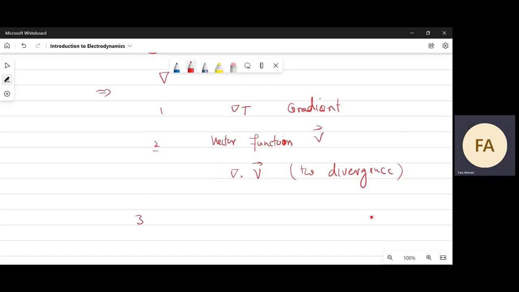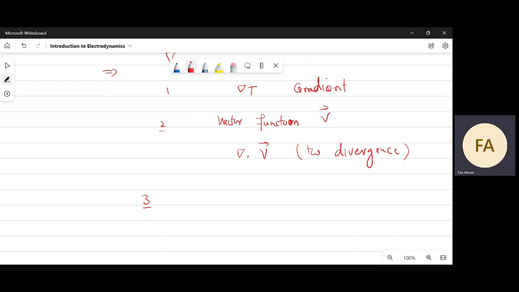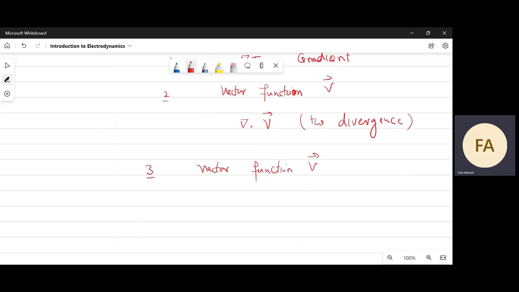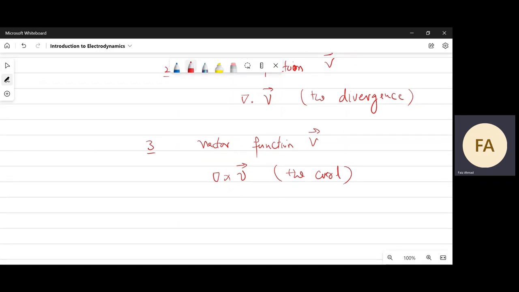And the third type of multiplication is vector multiplication. We have a vector function, again V, and we are trying to take the cross, so del cross V. This is another type of multiplication, and it's called the curl. Again, we will see in detail what curl means and what divergence means.